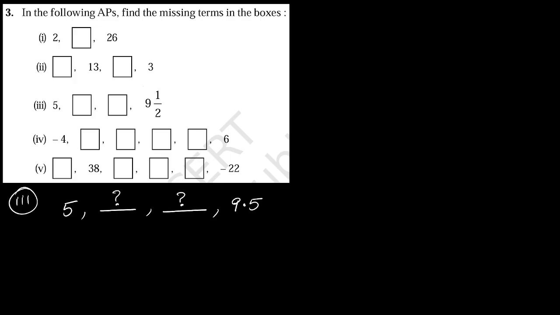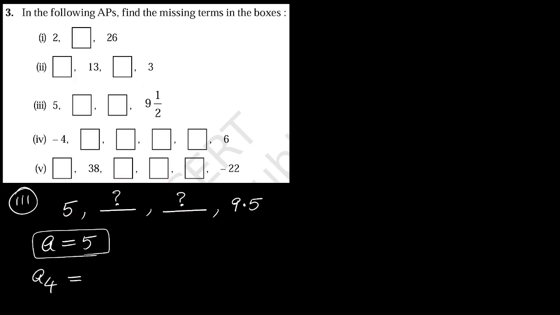So here the first term is 5. I want the common difference. What is this 9.5? It is the fourth term. First, second, third, fourth.